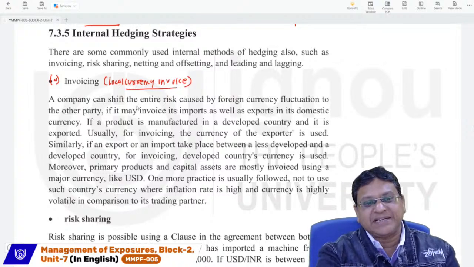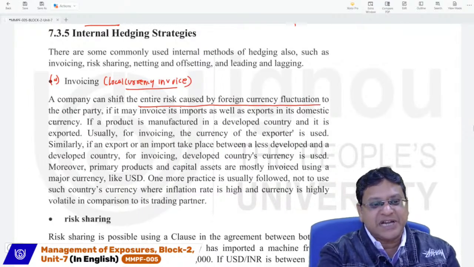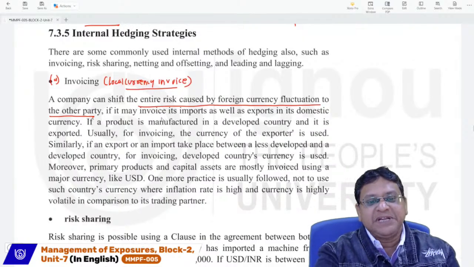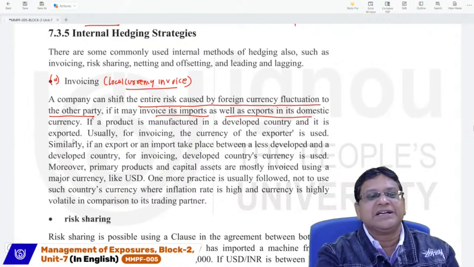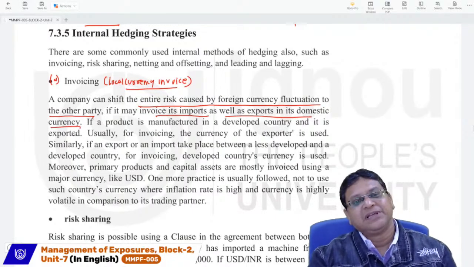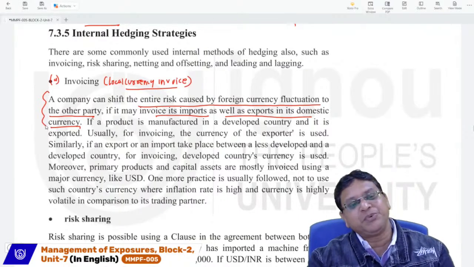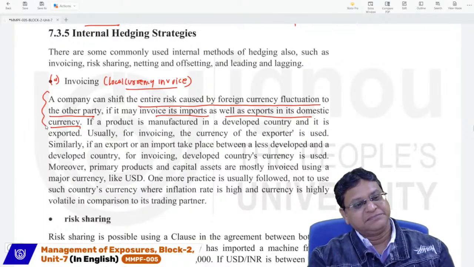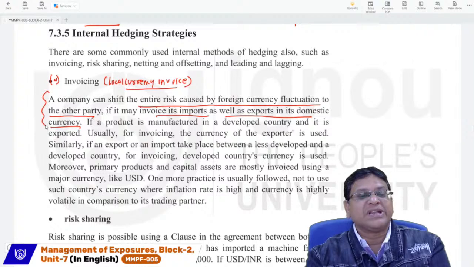A company can shift the entire risk caused by foreign currency fluctuation to the other party if it invoices its import as well as export in its domestic currency. That means an Indian importer will import machinery from US and tell that I will make payment in INR. If you make payment in INR, there will be no currency risk.